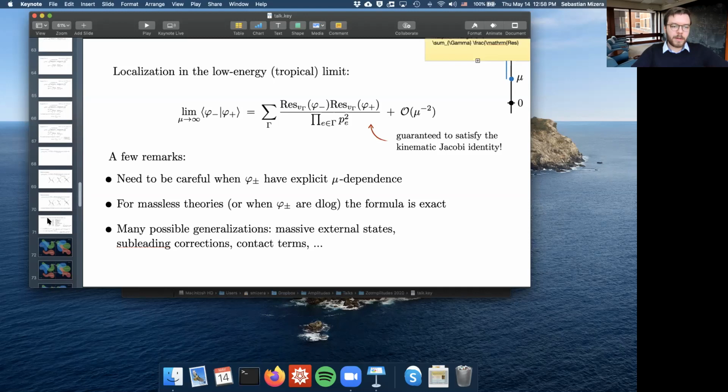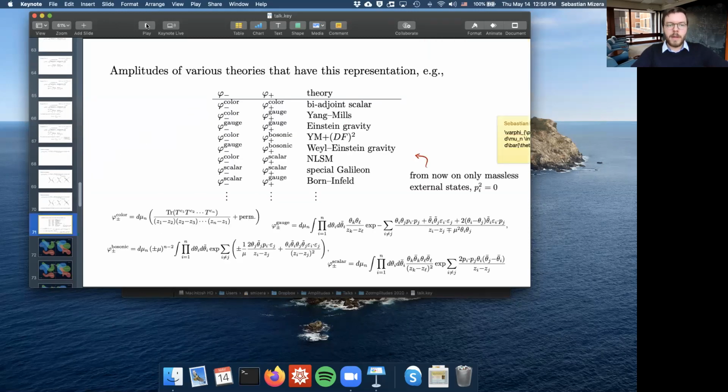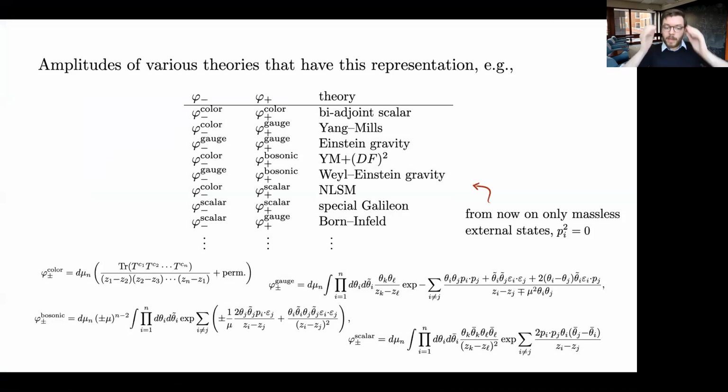We've defined how to obtain BCJ numerators using these differential forms, but I didn't say anything about how to exactly choose these differential forms. So the way it has been working at tree level so far, giving rise to these families of differential forms, are these specific choices.